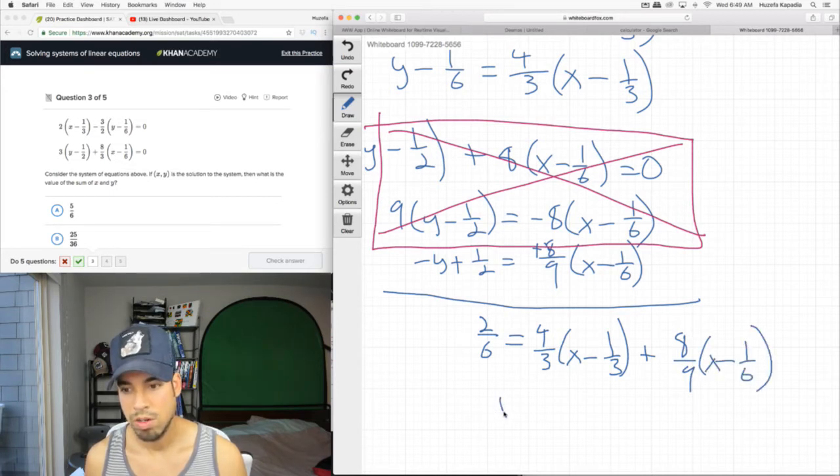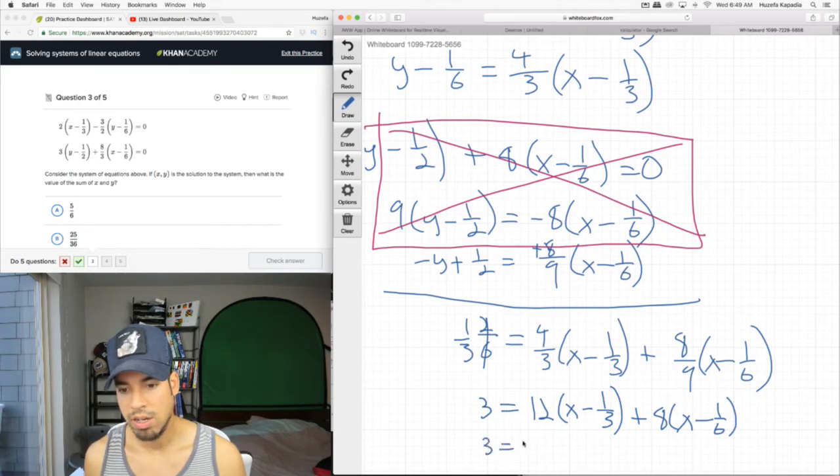And then this is 1/3. I'm going to multiply everything by 9. So we got 3 equals 12 times (x minus 1/3) plus 8 times (x minus 1/6).